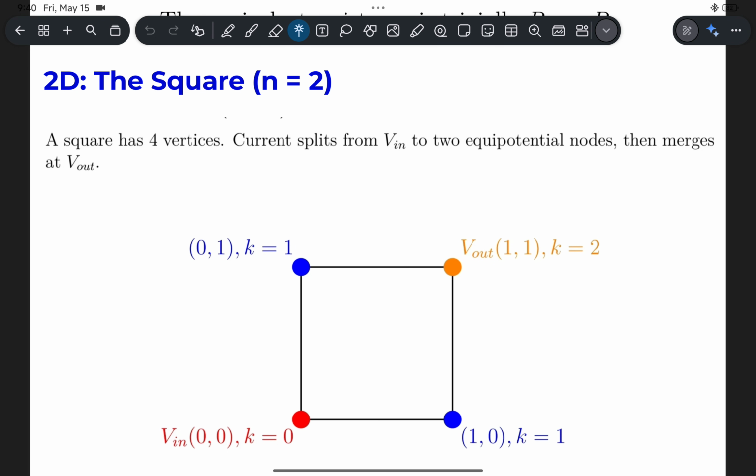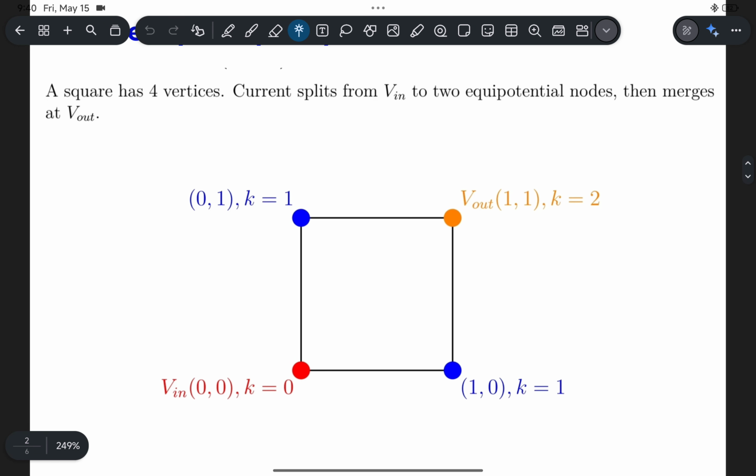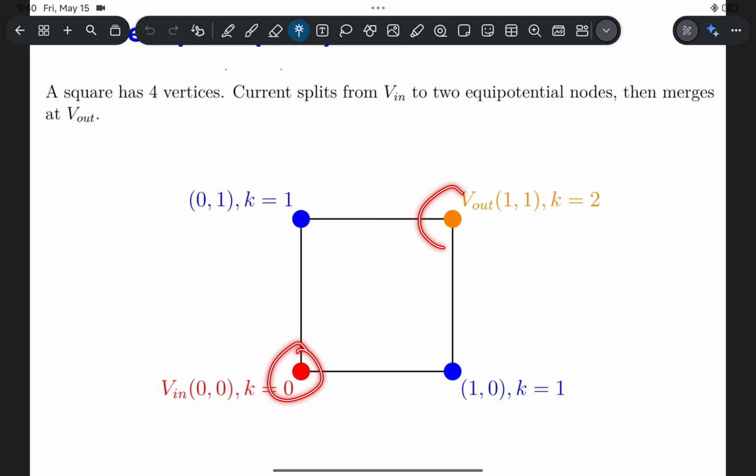For this we have 4 vertices, and I take this as input and this as output. Now 2 coordinates are required to name the vertices. So I named them 0,0; 1,0; 0,1; 1,1.